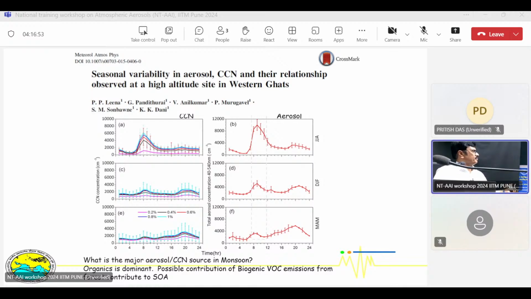Then in pre-monsoon, March, April, May, the afternoon peak is dominant, but you still see the two peaks. So it shows that anthropogenic activities are playing a role. In the late night or early morning hours, you have lower concentration of aerosols, then during the day you get high aerosols.